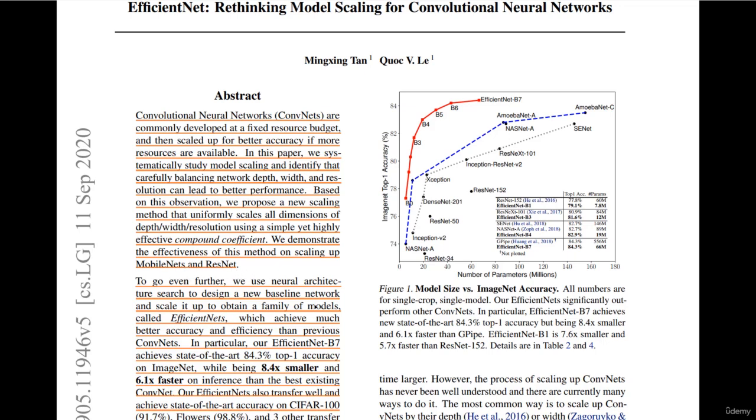To go even further, we use neural architecture search to design a new baseline network and scale it up to obtain a family of models called EfficientNets, which achieve much better accuracy and efficiency than previous ConvNets. In particular, our EfficientNet B7 achieves state-of-the-art, that's 84.3% top-1 accuracy on ImageNet, while being 8.4 times smaller and 6.1 times faster on inference than the best existing ConvNet.